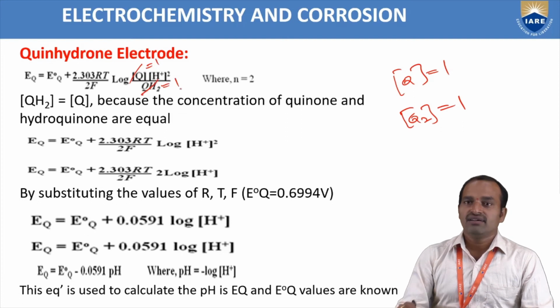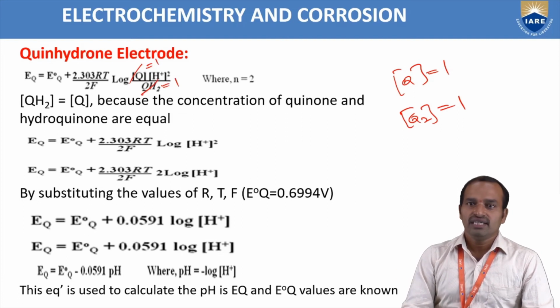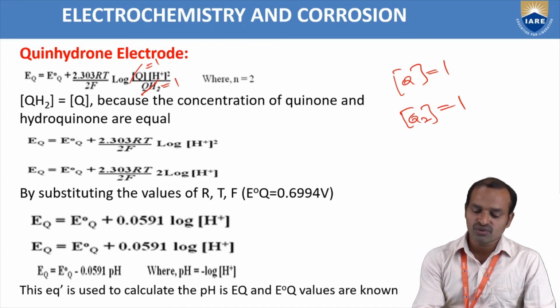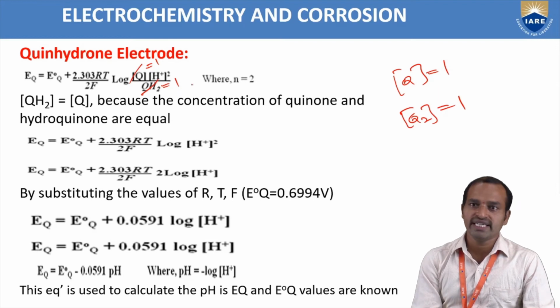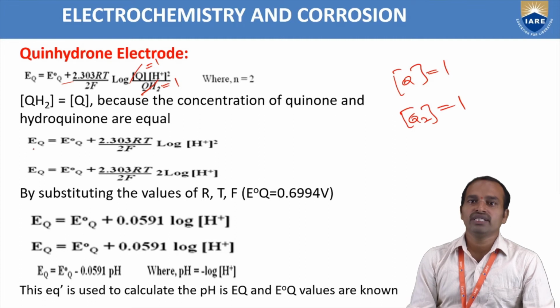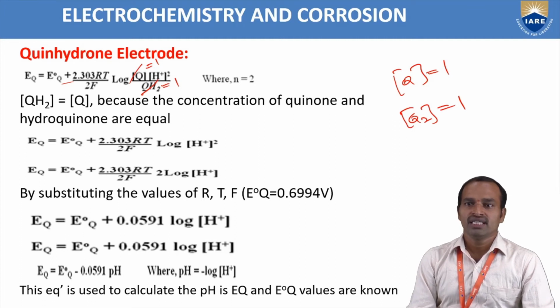Then the Nernst equation is EQ is equal to E0Q plus 2.303 RT by nF log 1 by H plus whole square. Whenever H plus whole square goes to the upside, we get the positive sign. That is EQ is equal to E0Q plus 2.303 RT by nF.